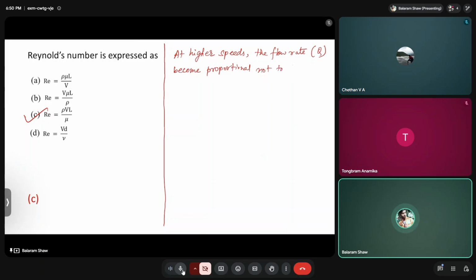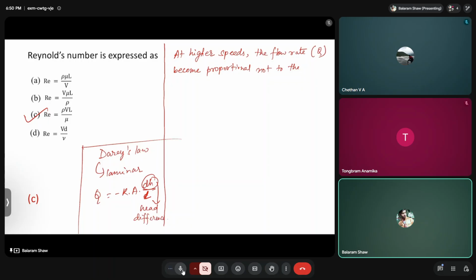Because in Darcy's law we saw that it is valid for laminar flow, right? And we know from Darcy's law Q can be written as K into A into dH by L, for example. Here dH is nothing but the head difference. We have discussed this earlier in the last session.